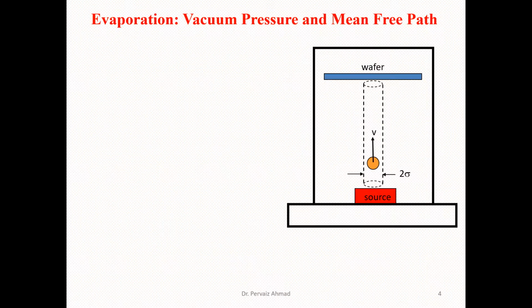In evaporation, one of the concepts we utilize is that of mean free path, and it is very important for thin film deposition, along with vacuum pressure. Here you can see in the figures how we draw the relations for the mean free path, and how we can calculate the relations for the vacuum by utilizing the concept of mean free path.